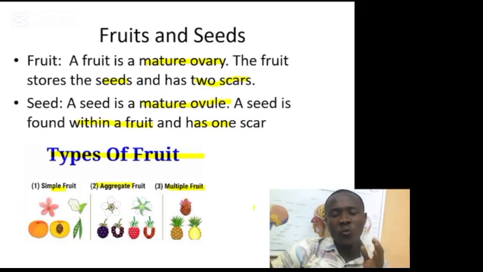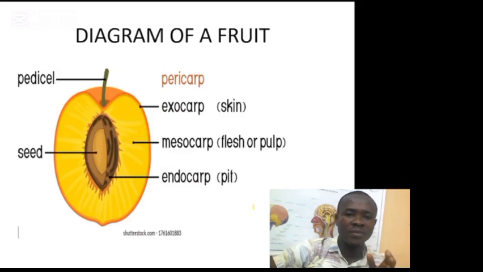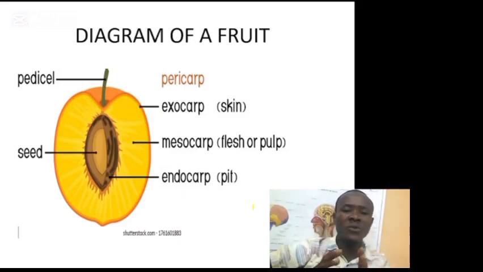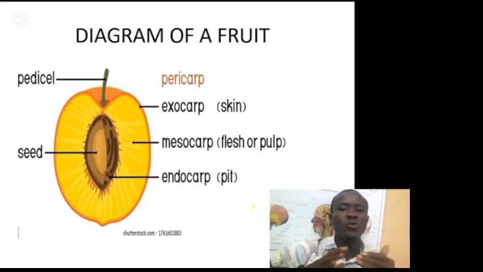Multiple fruits are made from multiple ovaries and multiple flowers. Now let's try to describe the diagram of a fruit. So that by the time we talk about the various subtypes, the types of fruit under the simple, under the aggregate, under the multiple, we can understand it. So that's why we are going to talk about the diagram of the fruit before we go into details.